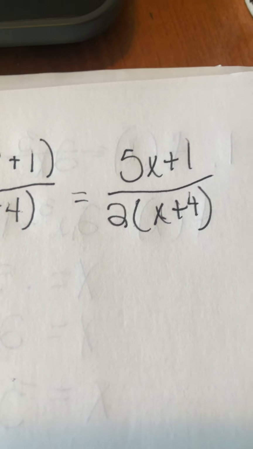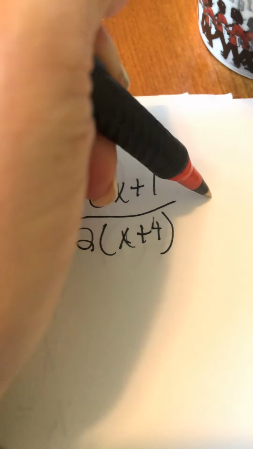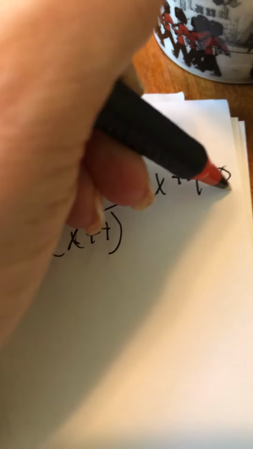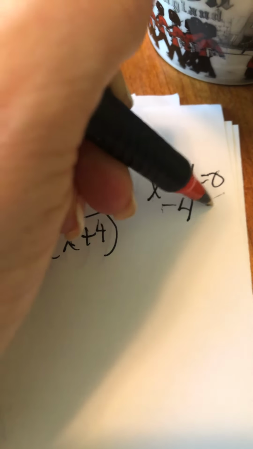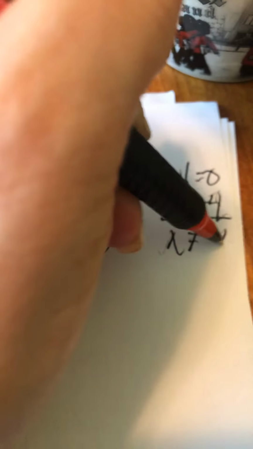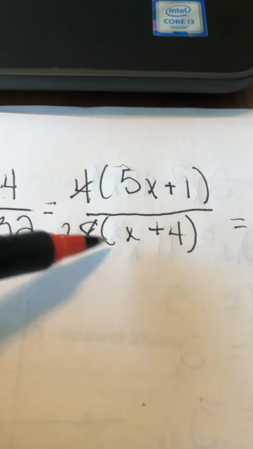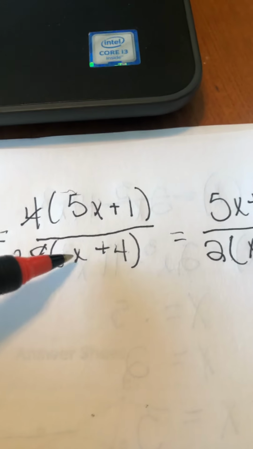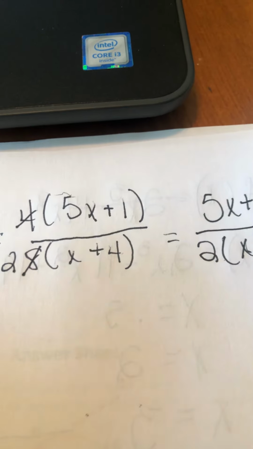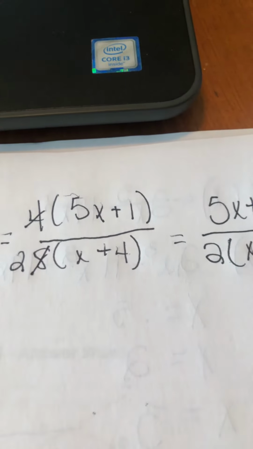But what we have to do is find the excluded value. Basically, I'm going to take this x + 4, set it equal to 0, and solve for x. So x cannot equal negative 4. That is my excluded value. If I put negative 4 in for x, it's negative 4 + 4, which is 0, and then times 2, which is 0, and that makes my denominator 0.